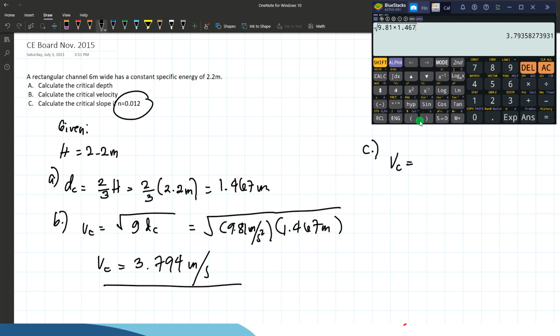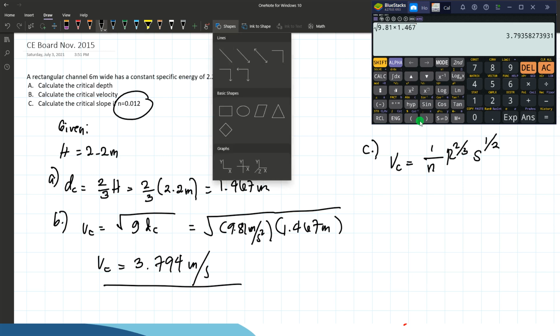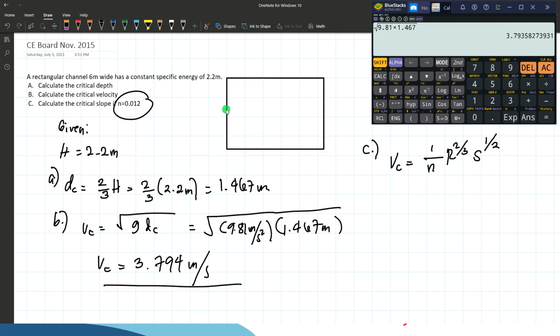For letter C, what will be the critical slope having an n of 0.012? We already have the critical velocity. Using Manning's formula, 1 over n, R raised to 2/3, S raised to 1/2. Based on our calculated values for the cross section of this rectangular channel, we have a width of 6 meters and a critical depth of 1.467.